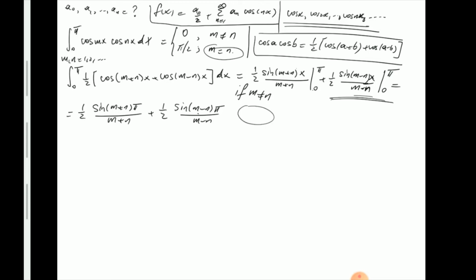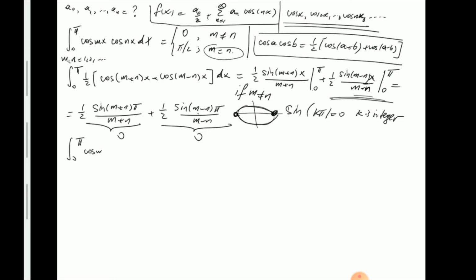If you remember the trigonometric circle, you have 0, pi, 2 pi, 3 pi, you keep on hitting the points for which sine is equal to 0. So sine of k pi is equal to 0 if k is an integer, which means both of these terms are equal to 0. So we just proved that the integral from 0 to pi of cosine of mx cosine of nx dx is equal to 0 if m is not equal to n.